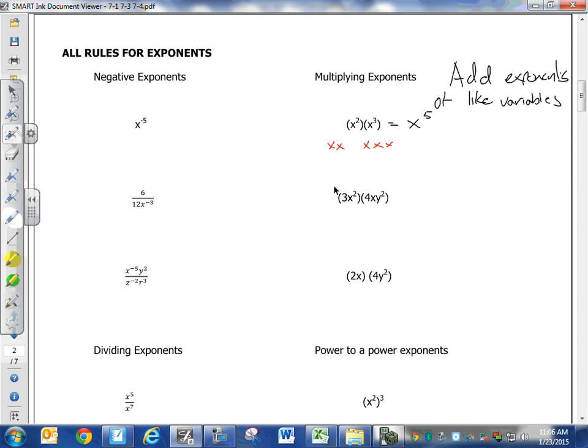You ready for the correct answer? There is a 1 above that x. I can multiply 3 and 4 together, that's 12. I have 2 x's times another x, that's 3 x's being multiplied together, and I have 2 y's. Is there always a 1 there? Yep.